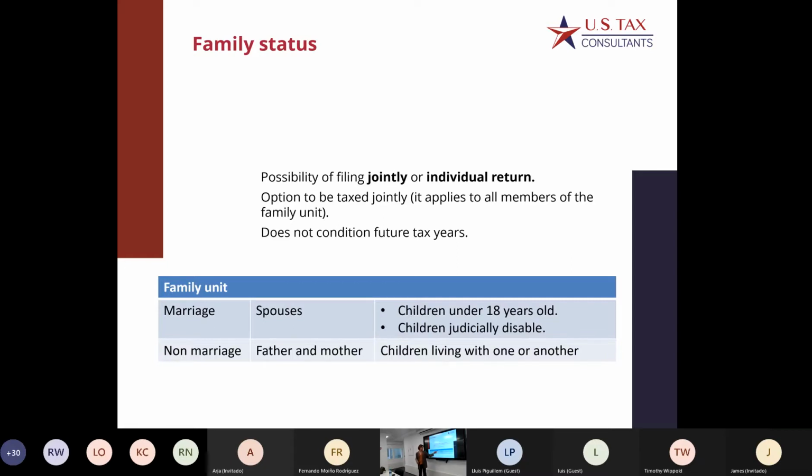This means that if one of your children under 18 has income for whatever reason, and the child files individually, all the other members of the family have to file individually, okay? In case of non-marriage, it's either the father or the mother and the children living with one or the other, okay?